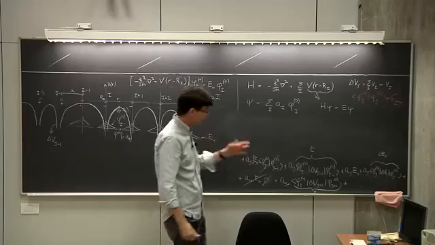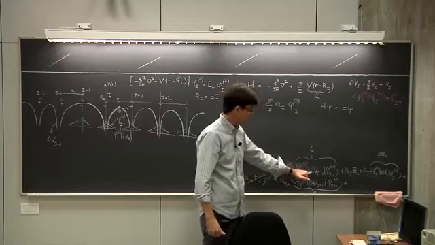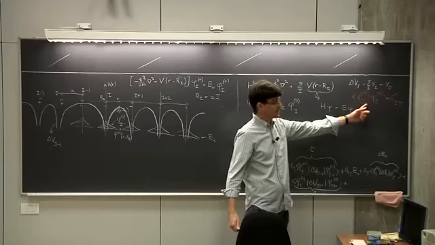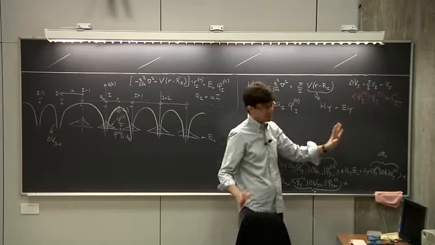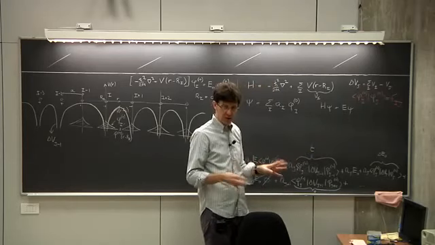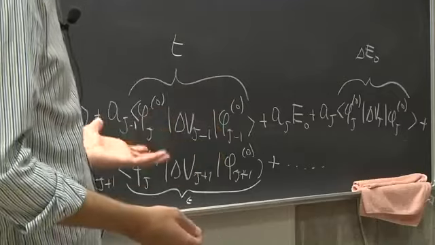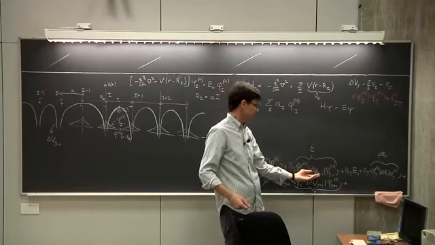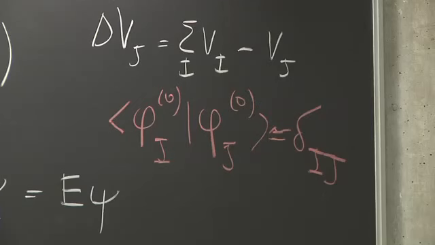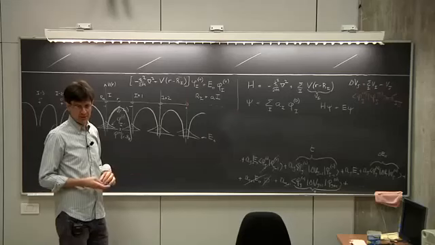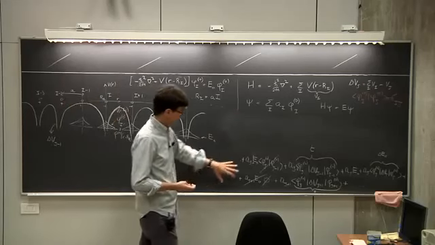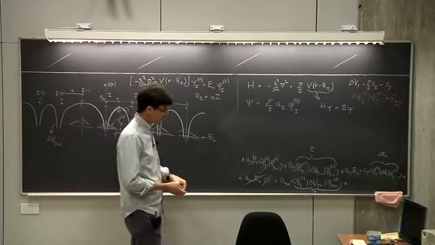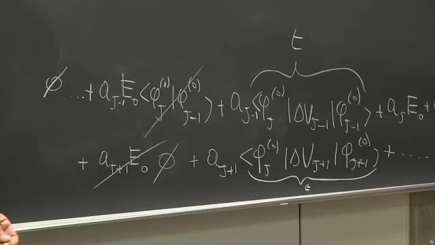Remember, last time we were not even sure whether we would keep this term in light of the fact that we neglected the overlap between two nearby sites. We said, well, let's keep it. But certainly, if we decided to neglect nearest neighbor terms here, and we decide to keep at least this one, certainly if I go to j minus 2, the overlap is going to be negligible. So I don't need to write anything here. This is just going to be 0, or at least small enough that I can neglect it.